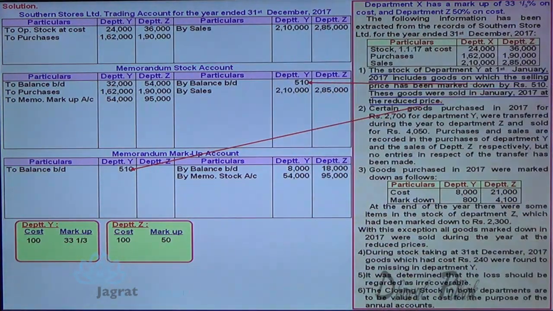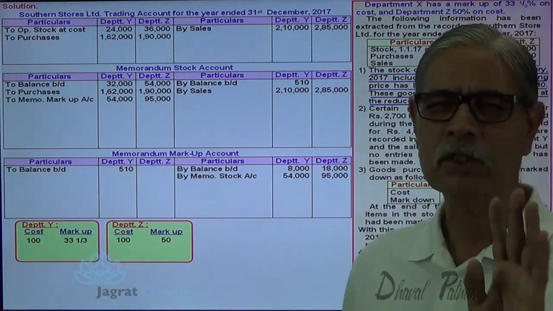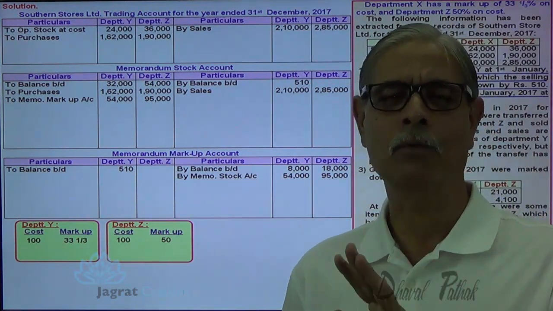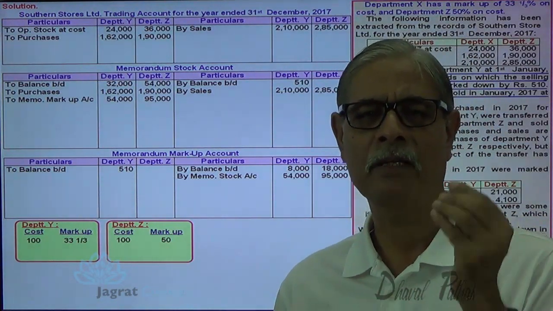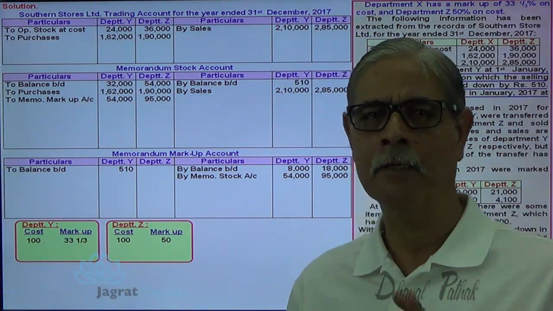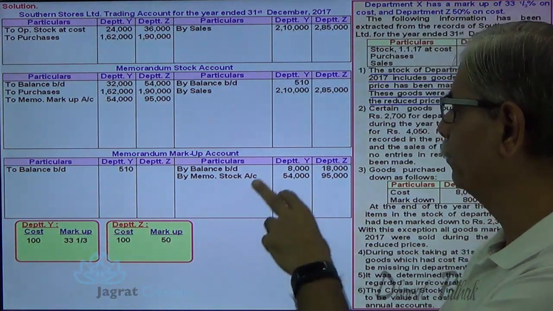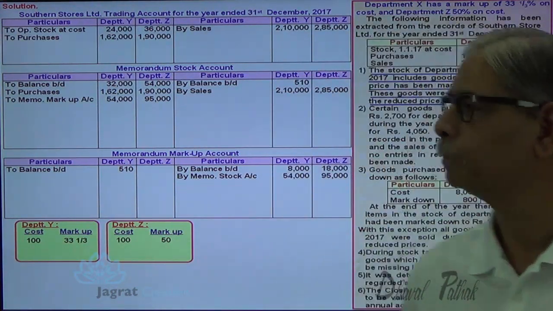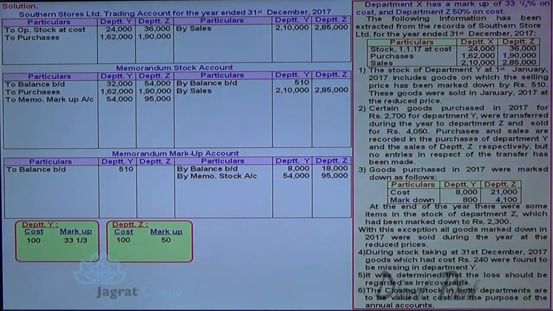Now, these goods are already sold. So when it is sold at the markdown price, don't bother. Profit at markdown value is being earned and is already incorporated in the sales that we have recorded. Now next.